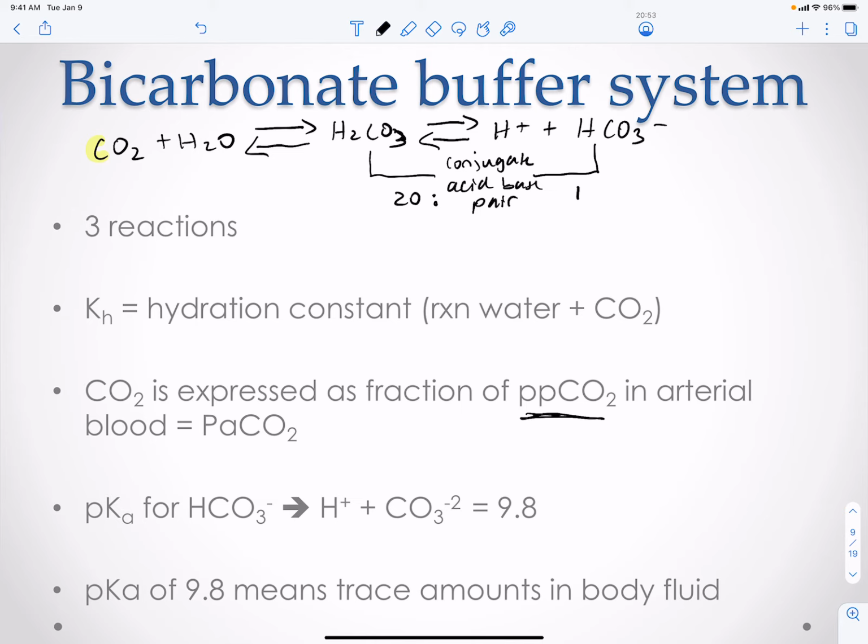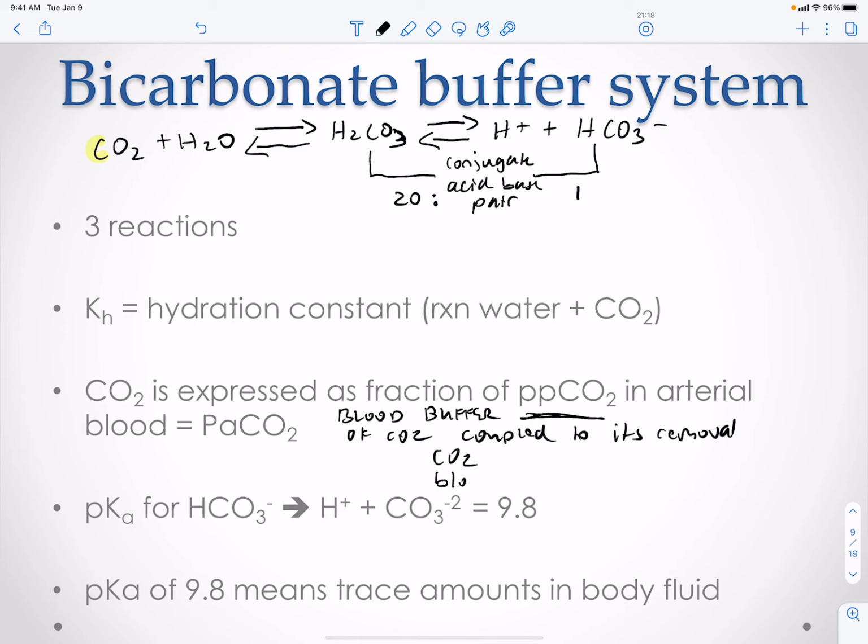So in essence, CO2 in the blood is going to be at equilibrium with CO2 in the lungs for exhalation.